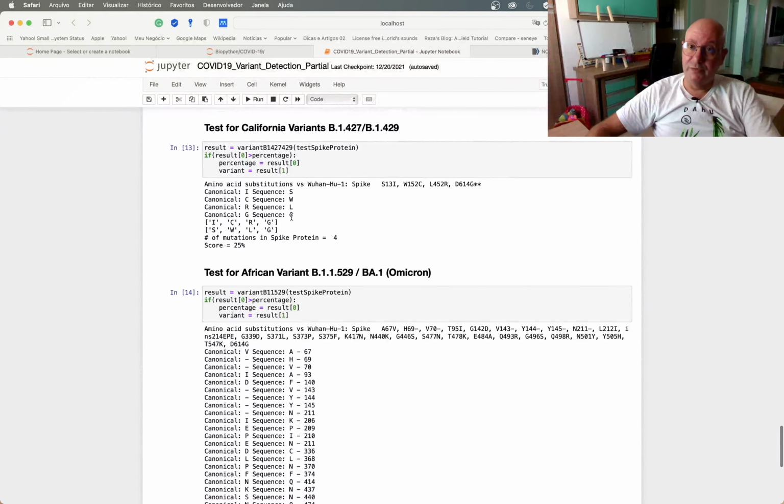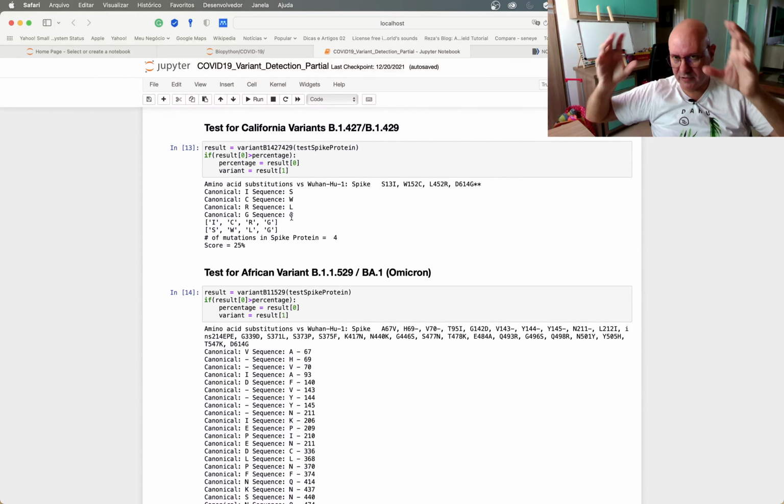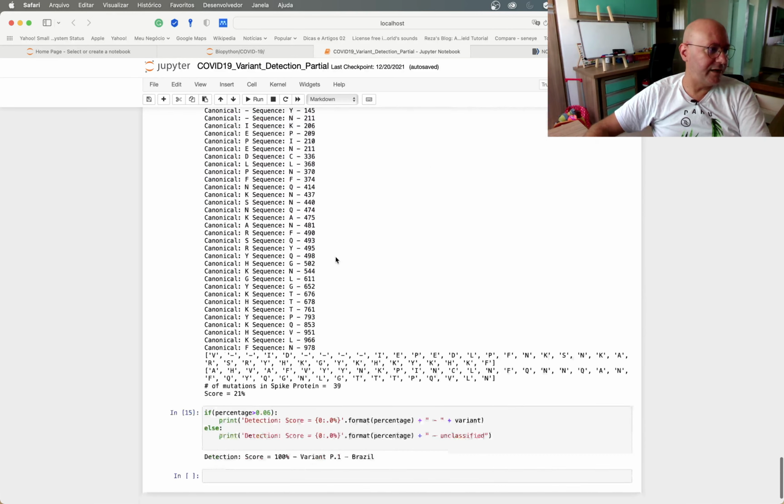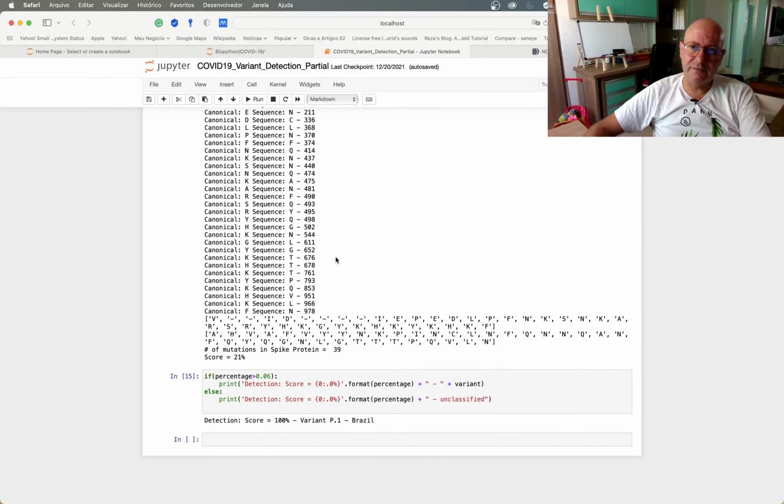There is a California one, which was a variant of concern, not so well known because it stayed across California. You see just 4 mutations here, and see the Omicron there, which is nuts, right? You see 39 changes.